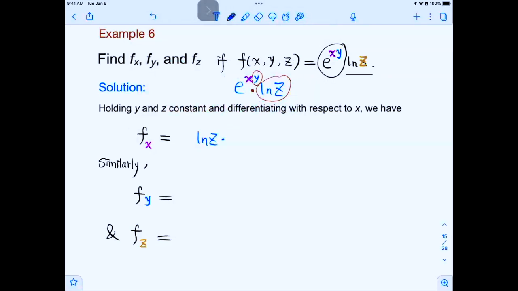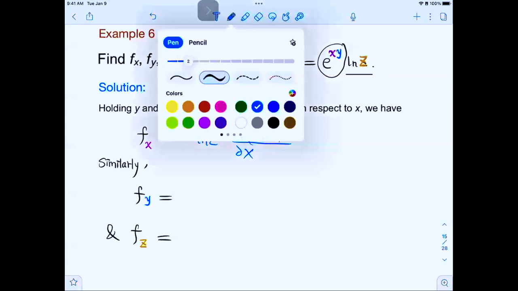And then we're going to take the partial derivative of this e to the xy with respect to x. Okay, so think about taking the partial derivative of e to the xy with respect to x.